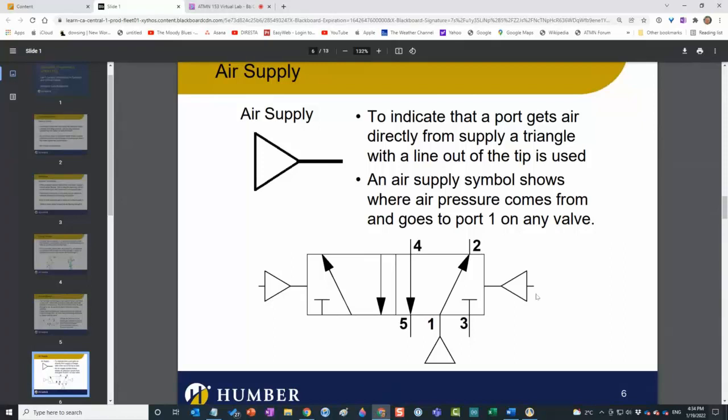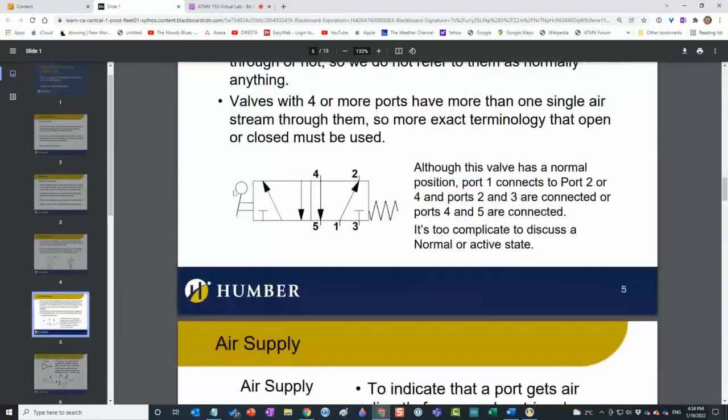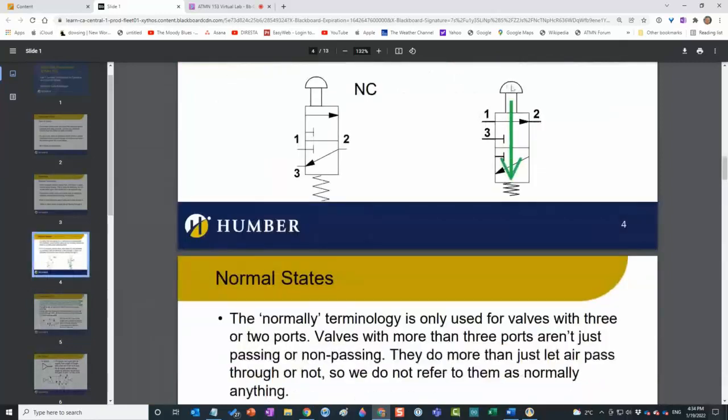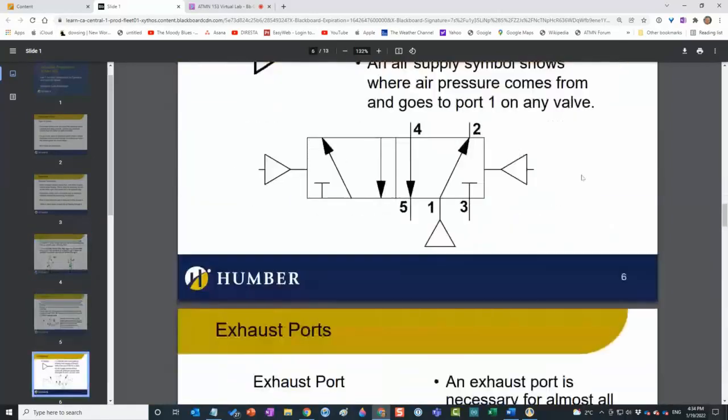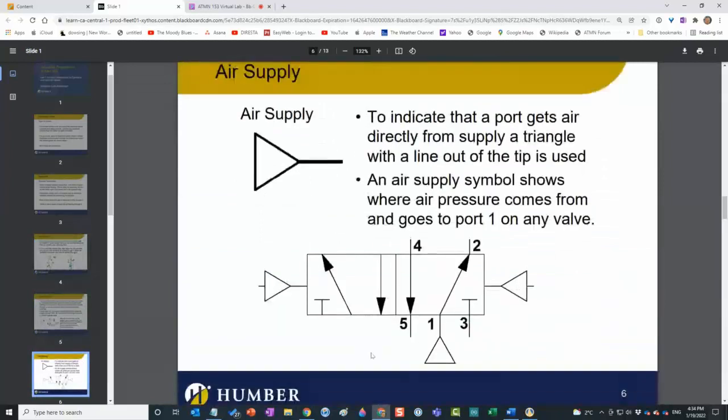Pilot activation is actually pretty cool. It's just a burst of air. So in this case, I'm physically with my hand moving this lever, or I'm physically pushing this button. But in this case, I can just put a burst of air in here and change the state of this valve. Now, just like we had with the first valve, we have 2 states. We have this state here or this state.